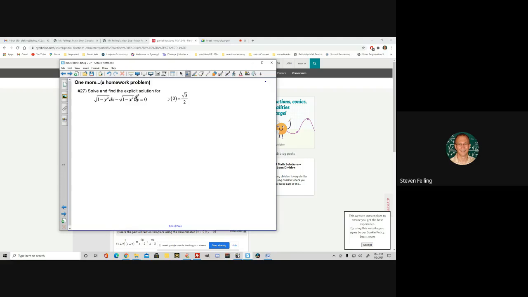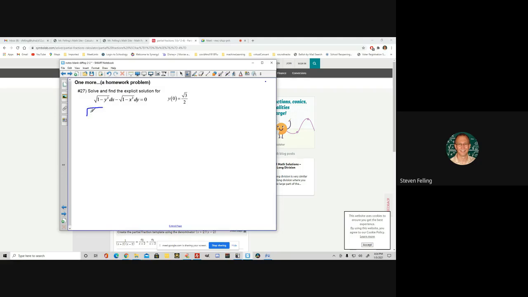We've already got the y's and x's separated, so let's get them on separate sides. It doesn't really matter which one now. In this one, we haven't really established what the independent and dependent variable is yet. Let's move one of them to the other side.